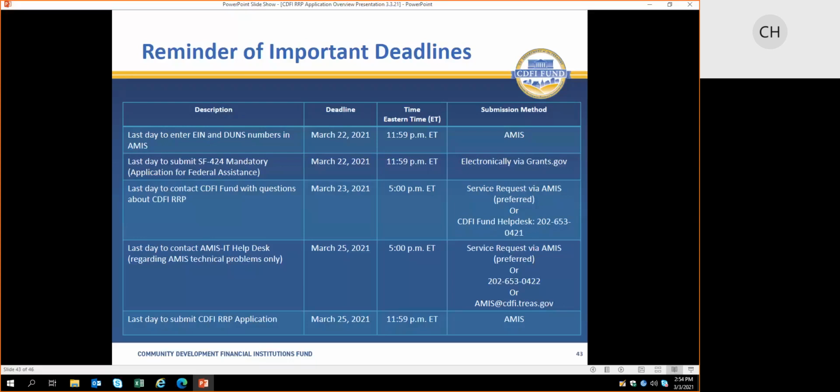We've got a couple of interim deadlines in which organizations are allowed to ask questions about the program. That's on the 23rd by 5 p.m. and ask questions or request IT assistance by the 25th of March at 5 p.m. And finally, organizations are required to submit their RRP application in AMIS by March 25th at 11:59 Eastern.